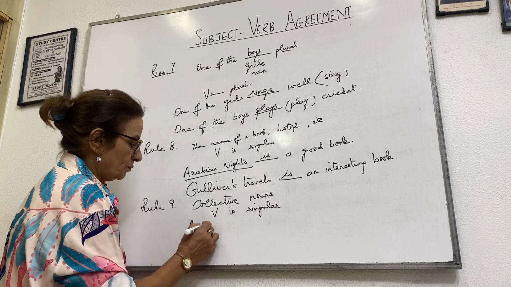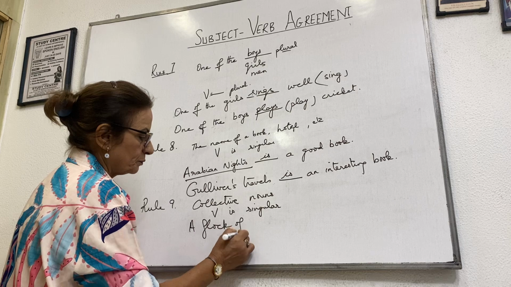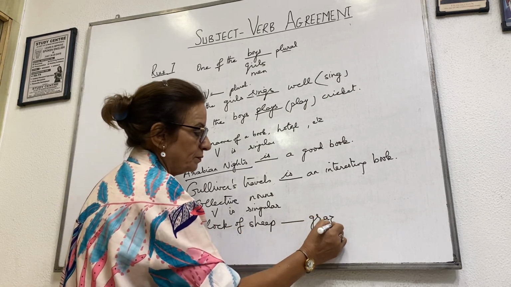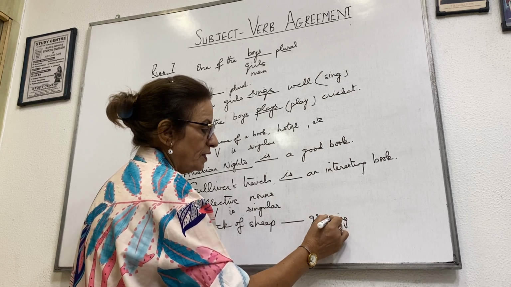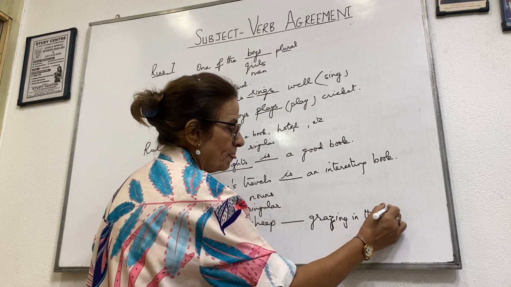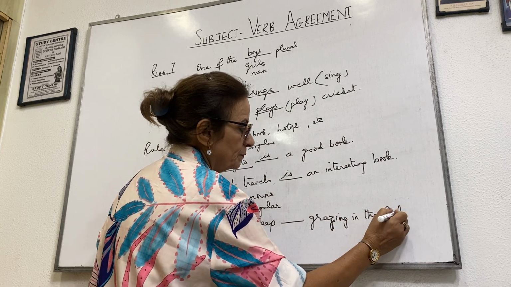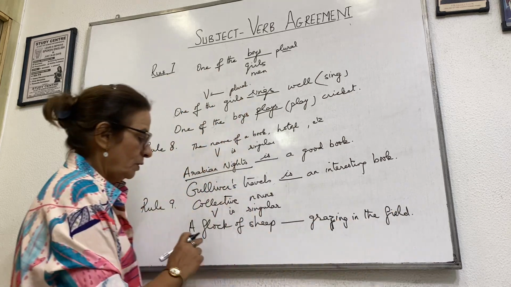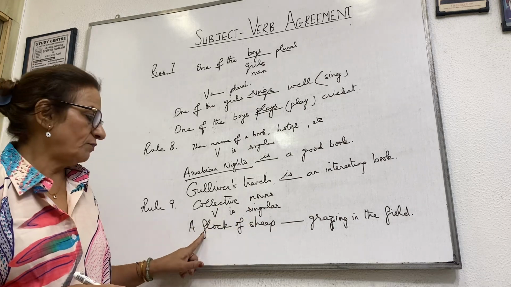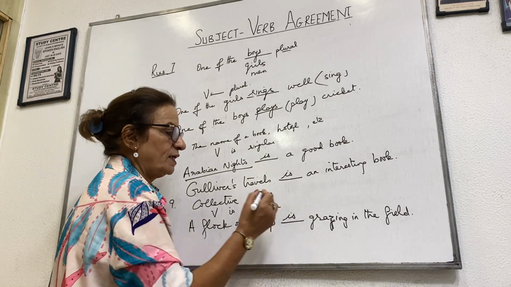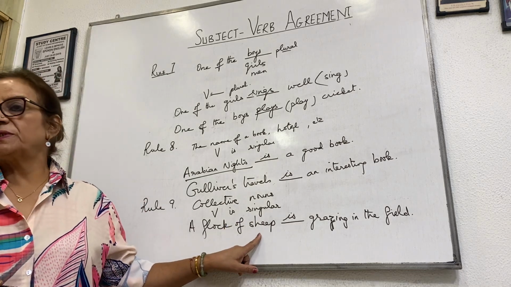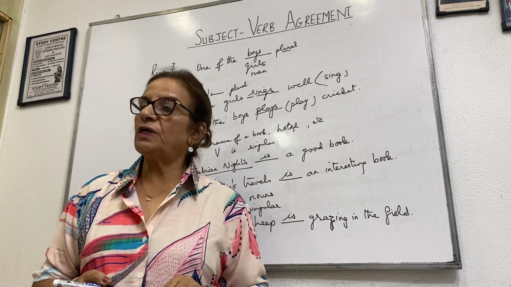For example, a flock of sheep grazing in the field. Grazing means eating grass in the field. So, according to the rule, if it is a collective noun, then verb is singular. So, a flock of sheep is grazing in the field. Okay? Because here sheep, singular is also sheep and plural is also sheep.